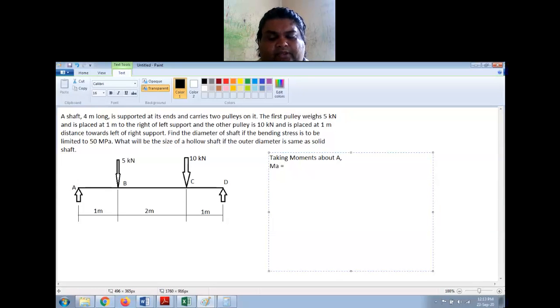MA is equal to RA into perpendicular distances 4, so into 4. Other two will be minus, it is downward, minus 10 into perpendicular distances 2 plus 1, 3 minus 5 into 1, right? And this should be equal to 0 because this is end support, the bending moment there is 0.